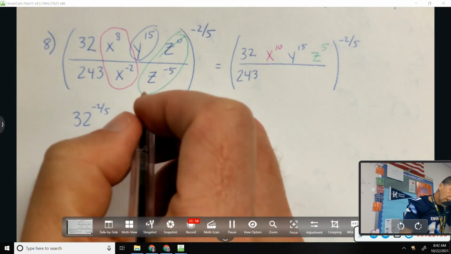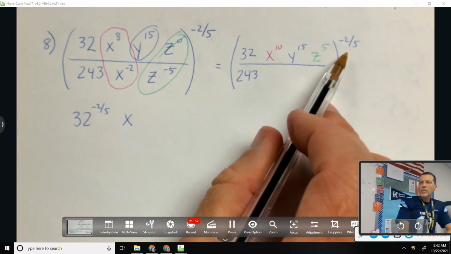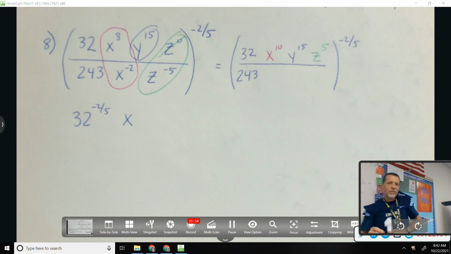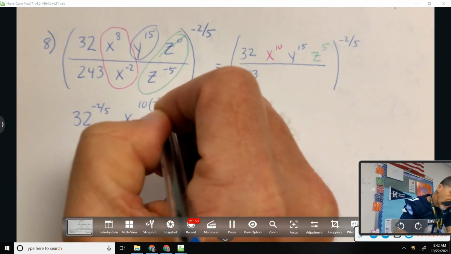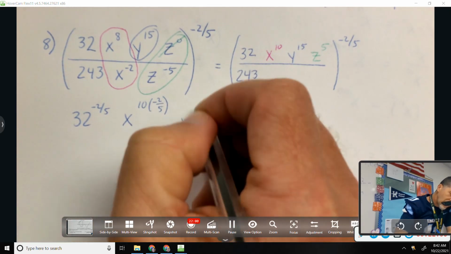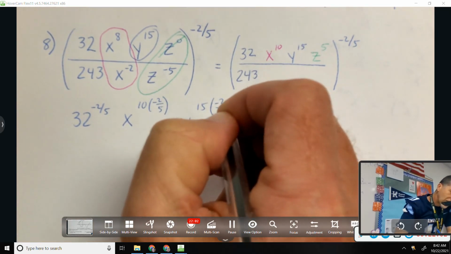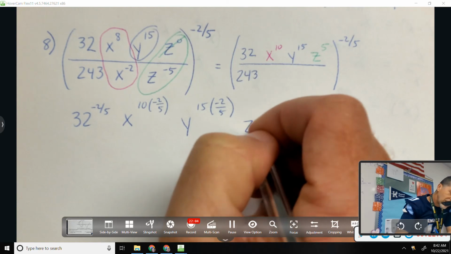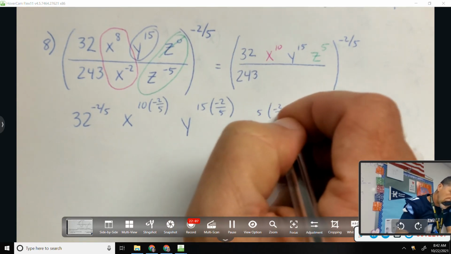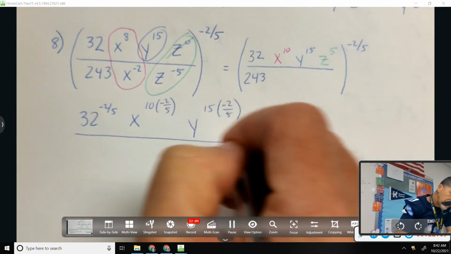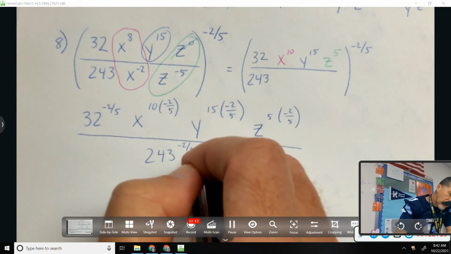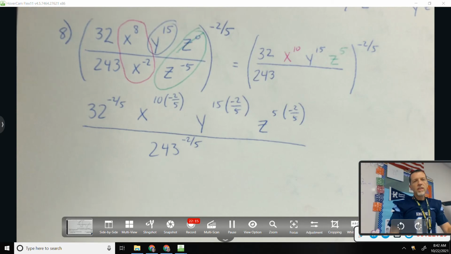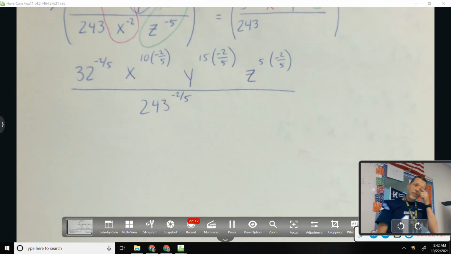X to the... do I want to multiply on the fly here? Can you take negative 2/5 of 10? Oh, no. That's like 18. Well, we'll just assume we can't and write it out. All right, let's see if we can do a couple things at once here.